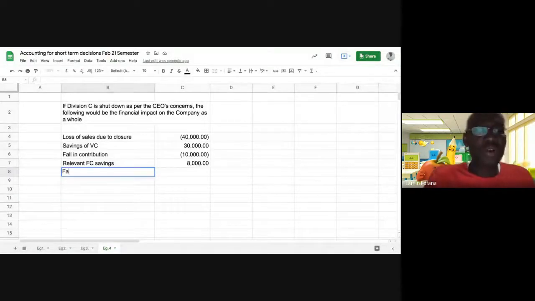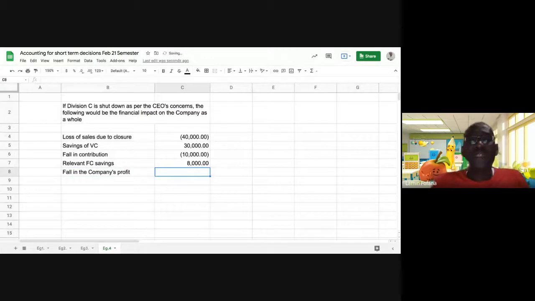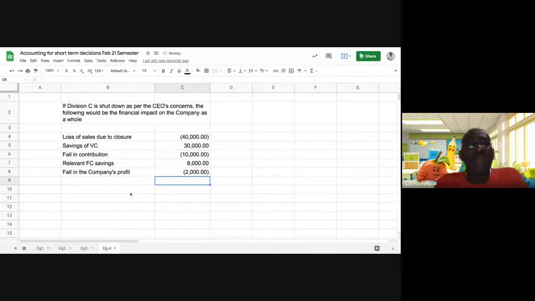Okay, so overall, we're going to have a fall in the company's profit. The fall in the company's profit will be negative 10,000 versus positive 8,000. So we could be a negative of 2,000. Is that clear, everybody?